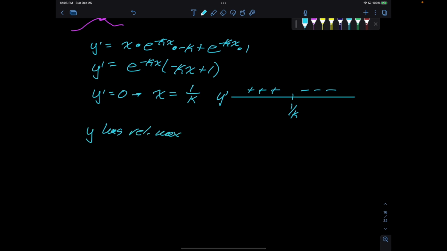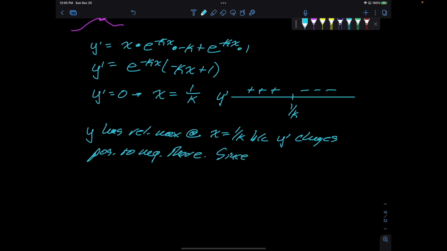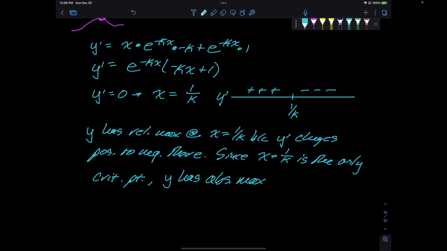All right, so our reasoning will be y has a relative max at x equals 1 over k because y prime changes from positive to negative there. Okay, so that's good. And then I'm going to say since x equals 1 over k is the only critical point, y has an absolute max there, right?